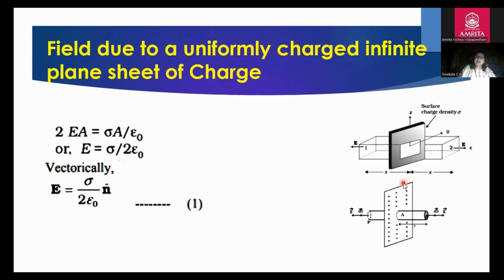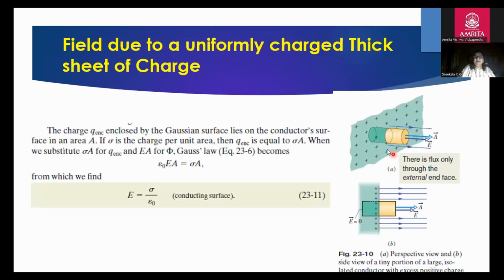What will happen if this sheet is thick? If this sheet is very thick, one of the Gaussian surfaces will go inside, so the Gaussian surface will be inside this sheet. If it is a thick sheet of charge, then the electric lines will pass through only one surface.